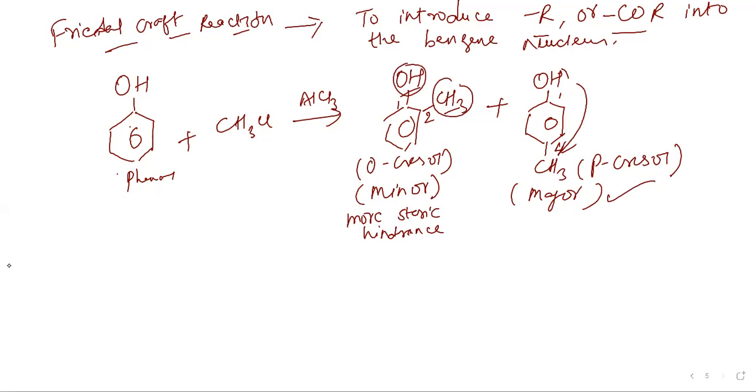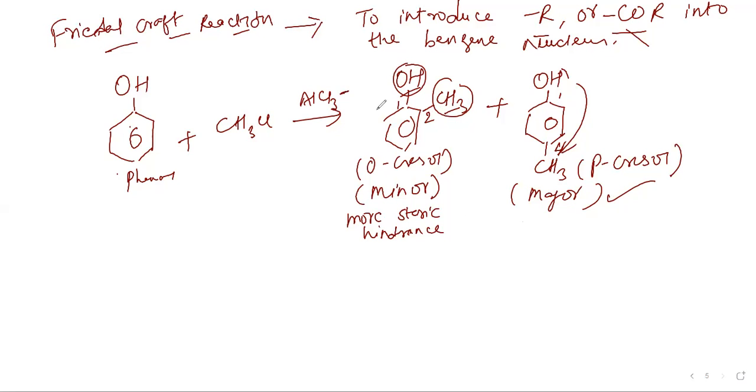Now let's look at the other reaction where we will introduce this COR group into the benzene nucleus. One important thing is that the yield is poor. The para derivative predominates, but the yield is poor in this case. Why? Because this aluminium chloride that we have used in the reaction will react or coordinate with the oxygen atom of the phenol molecule.